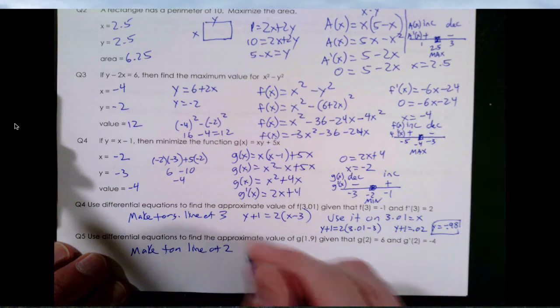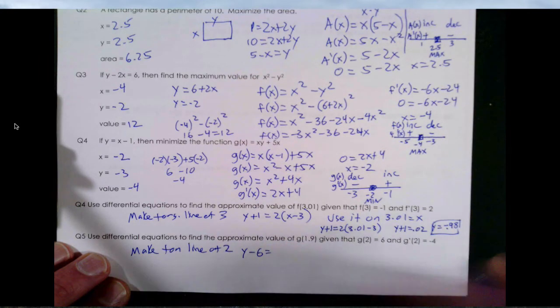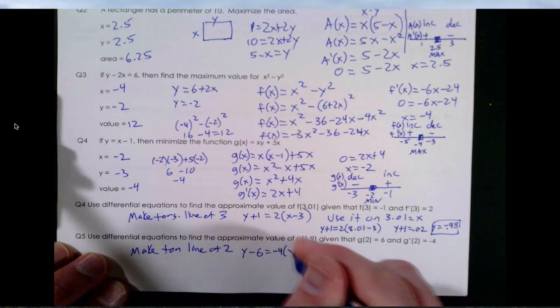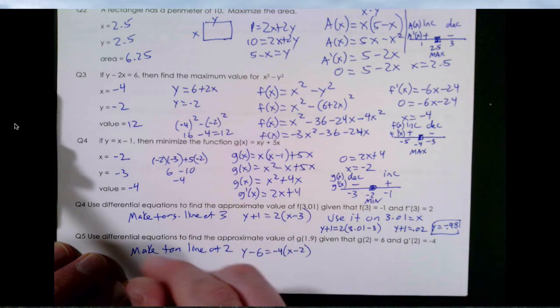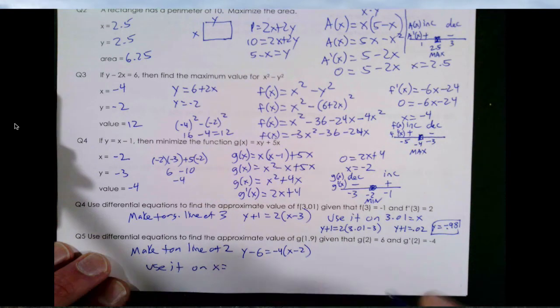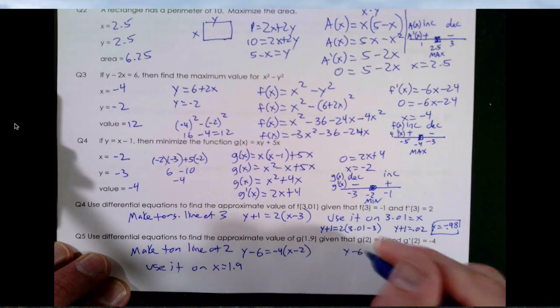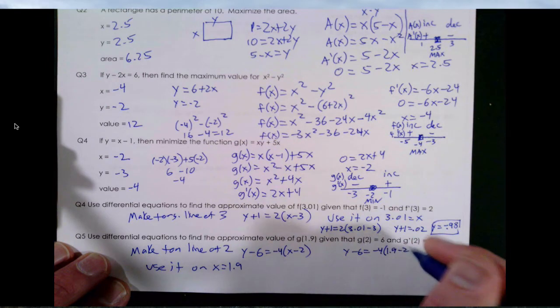So we go y minus the y, which is 6. The slope is -4. And then the x was 2. And then I use it on x equals 1.9. So I have y minus 6 equals -4 times parentheses 1.9 minus 2.